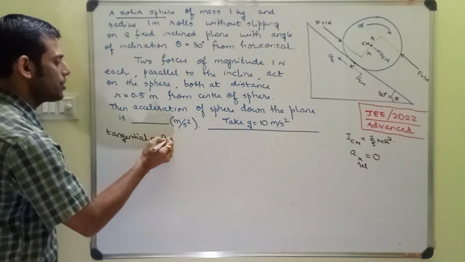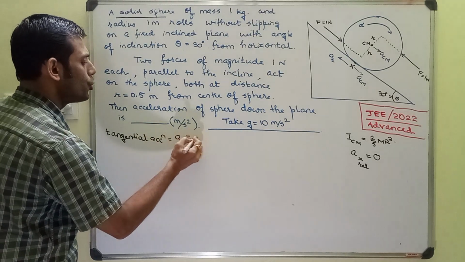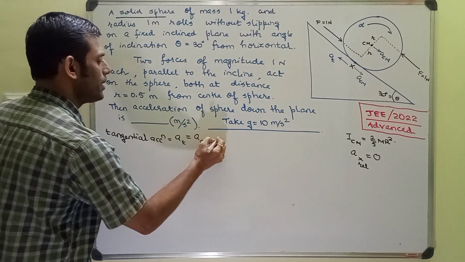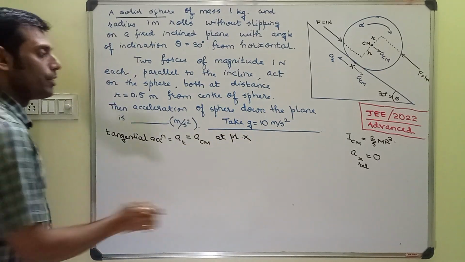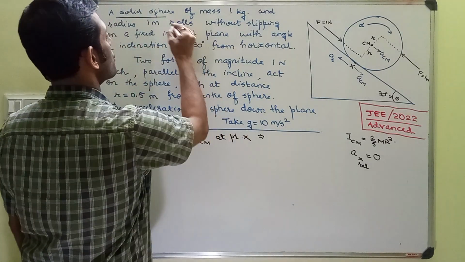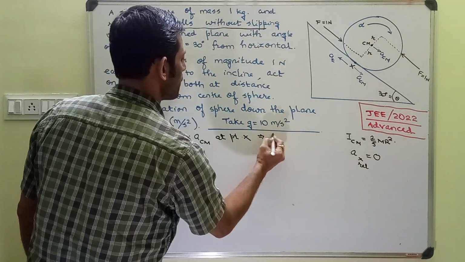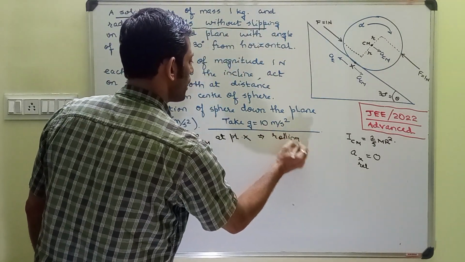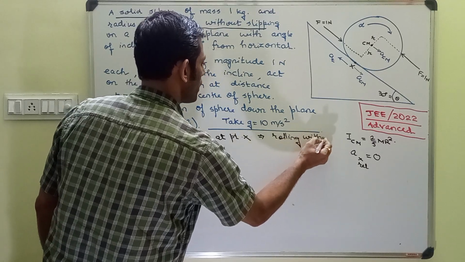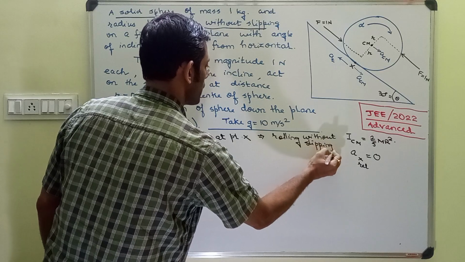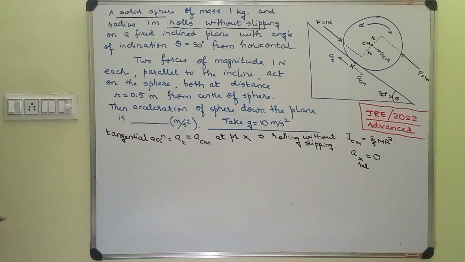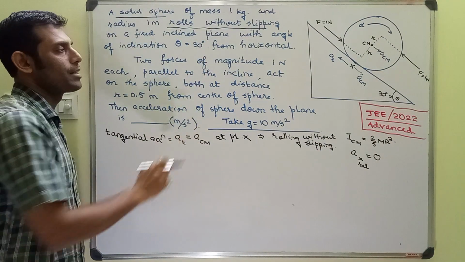Tangential acceleration AT should be equal to the center of mass acceleration at point x, and this will imply rolling without slipping. This is needed.